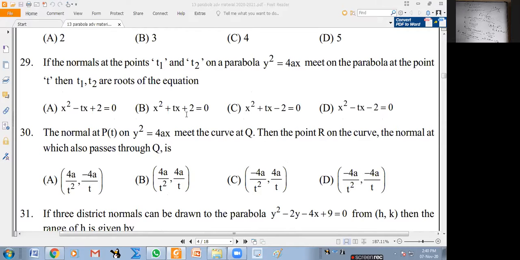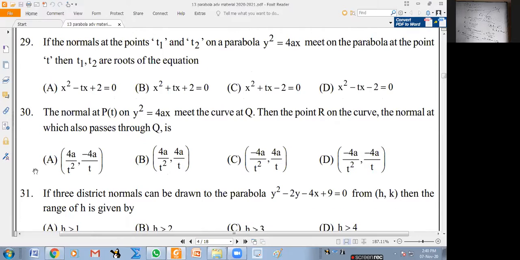Okay. Anybody tried odd numbers beyond 29? Yes, sir. Okay, tried. If somebody has a specific number doubt, you can just tell me. I'll show that question and explain.